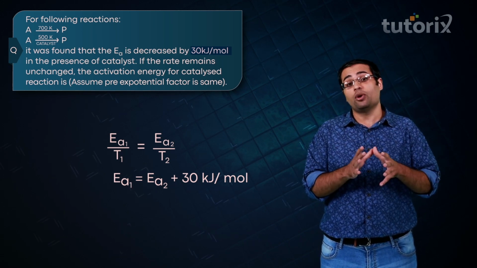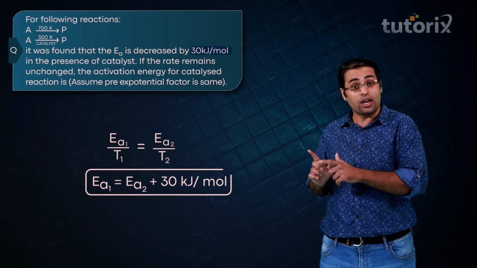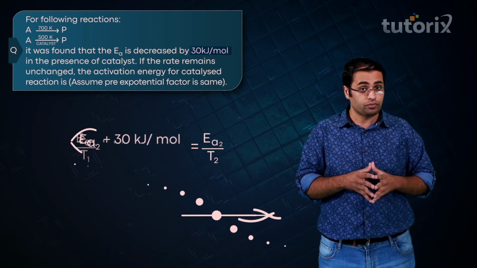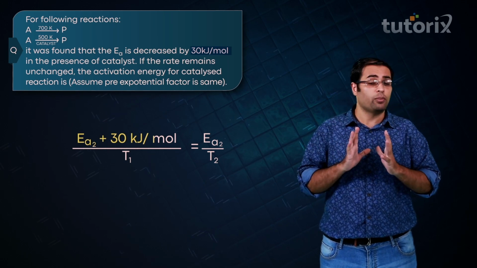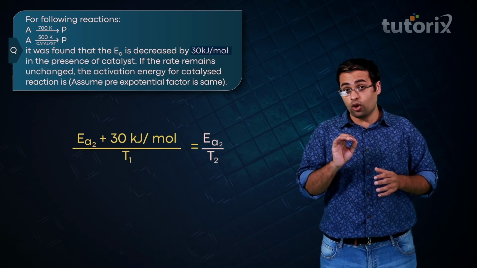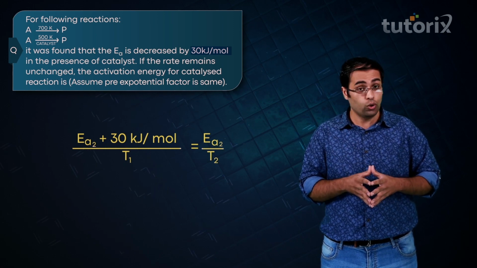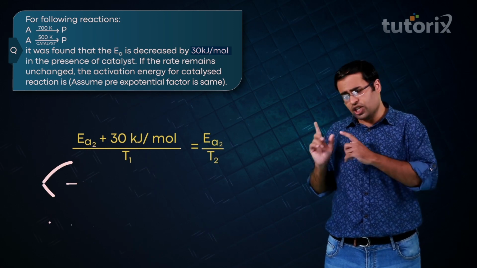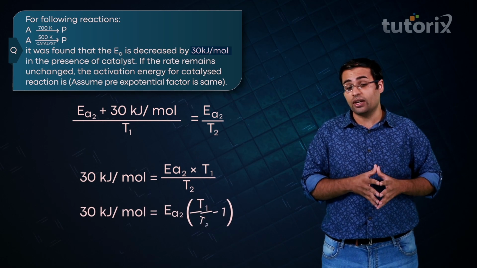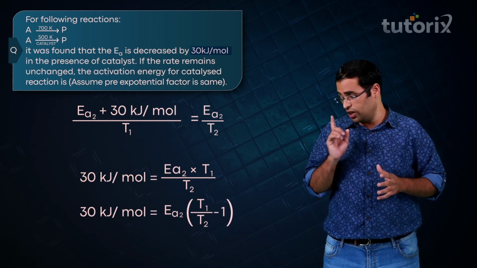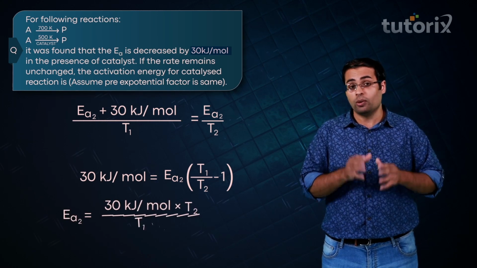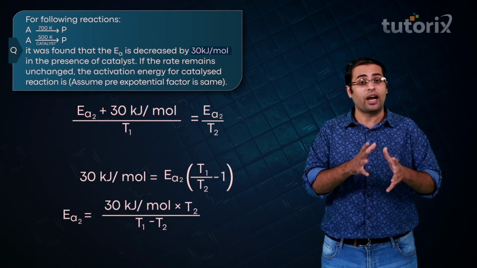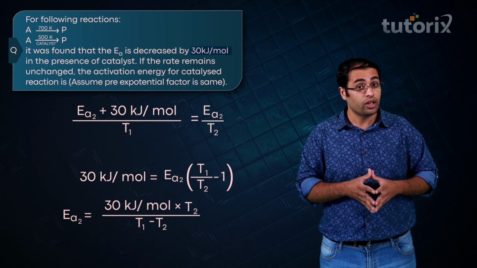Now, substituting the value of EA1 in our previous equation, we get EA2 plus 30 kilojoules per mole divided by T1 equals EA2 by T2. Now, further reshuffling this equation and simplifying it, we get an expression for the value of EA2, which equals 30 kilojoules per mole multiplied by T2 divided by T1 minus T2.